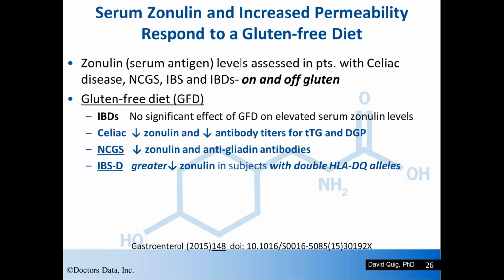For the non-celiac gluten-sensitive patients, the gluten-free diet was also associated with decreased zonulin and antibodies against the gliadin peptides. Now, interestingly, in the IBS type D patients, there was a greater decrease in zonulin in subjects that had the genetic predisposition for celiac, and that would be the double HLA-DQ2 or DQ8 alleles.